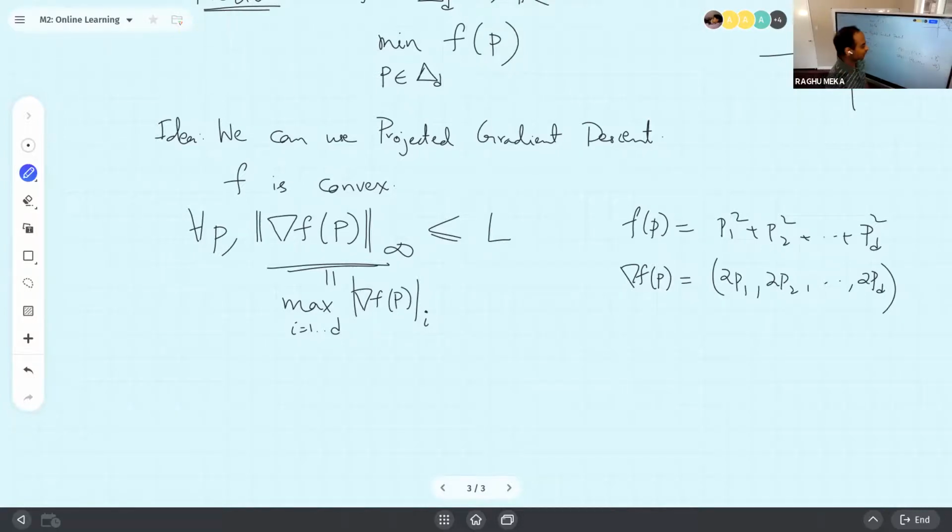So what's the maximum L2 norm of the gradient on the simplex? Well, let's see. So I want to say that each coordinate is at most 1, right? That's true. Each coordinate is always going to be at most 1, or 2, sorry.